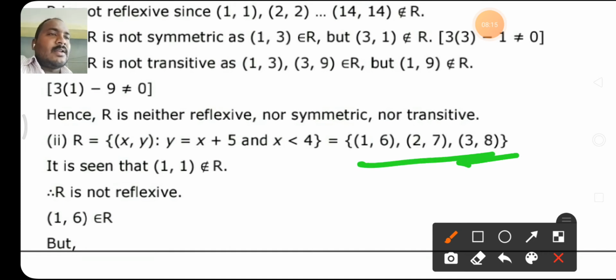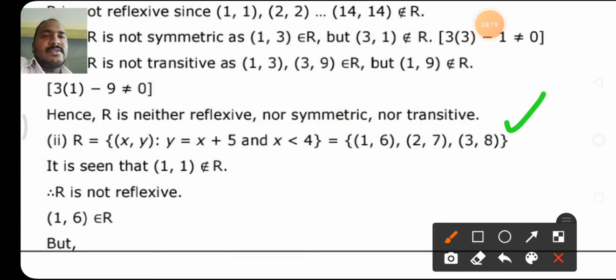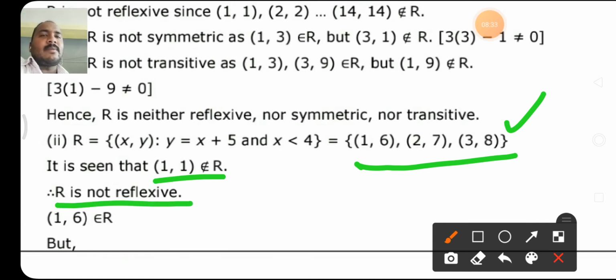This is our R. Then by using this R, we check whether R is reflexive, symmetric or transitive. In this R, (1,1) does not belong to R, (2,2) does not belong to R, (3,3) does not belong to R. Because of this, R is not reflexive.